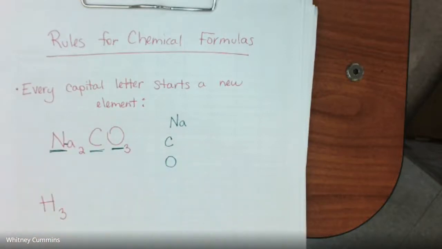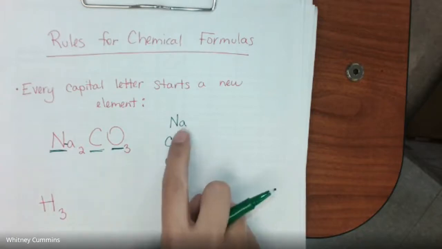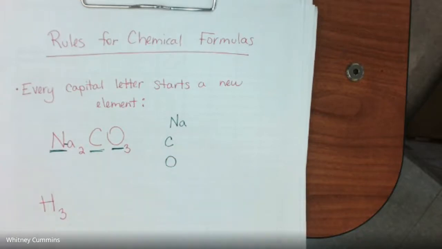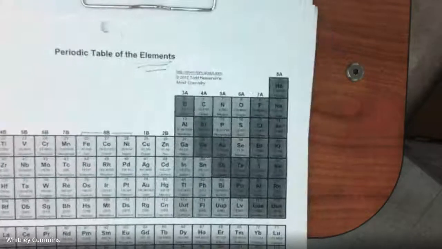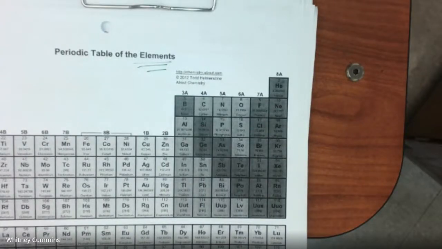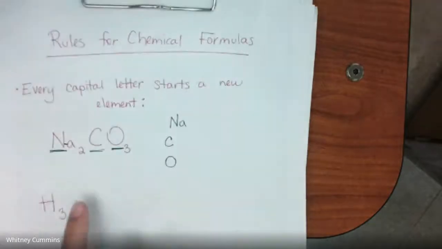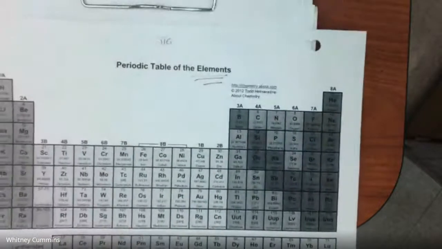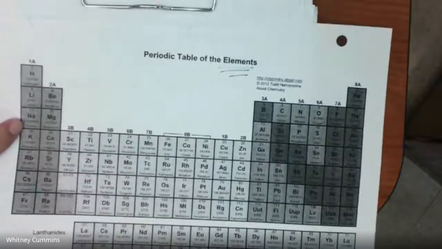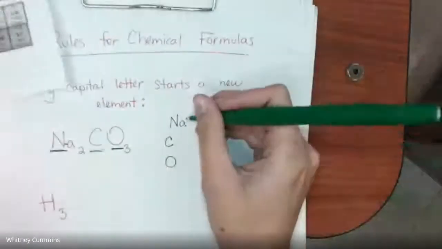Now, I will never make you memorize what these all mean. You may use them often enough that you start to remember them, but I'm always going to give you this periodic table. You can find things on here and tell me what they actually stand for. So Na stands for sodium.